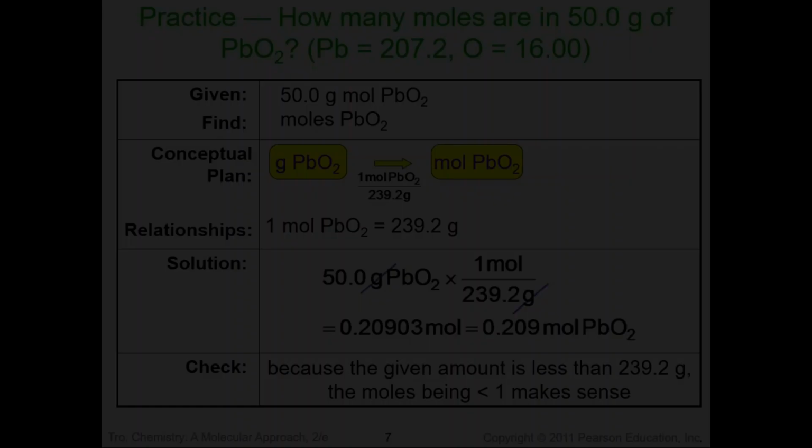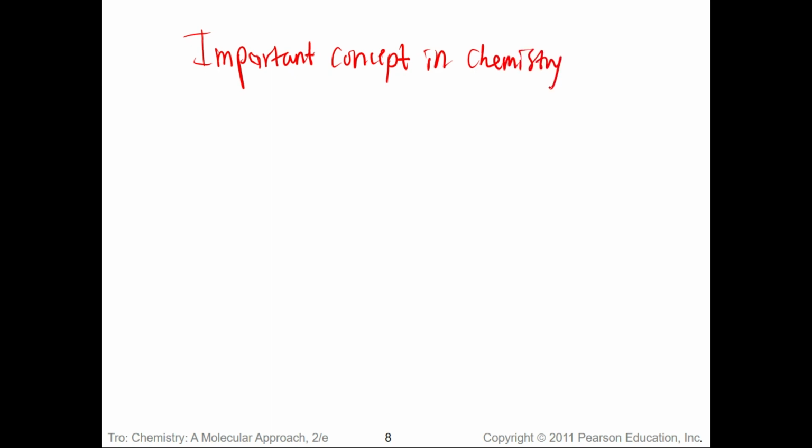Okay, so done with mole. This is about an important concept in chemistry calculation. The first formula you learn is mole, and the symbol for mole is n.